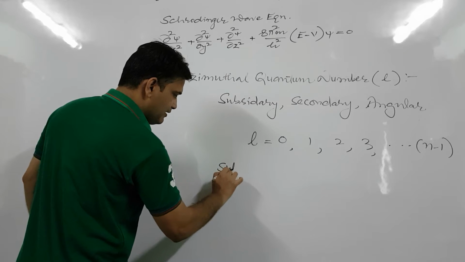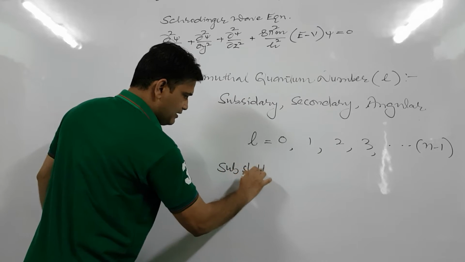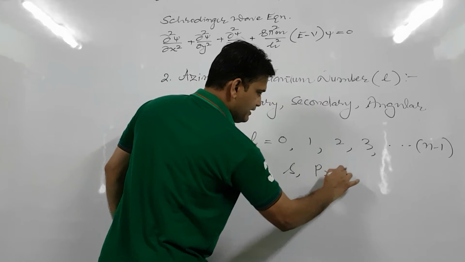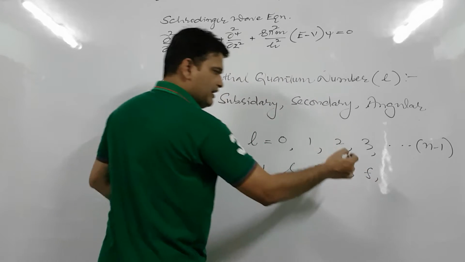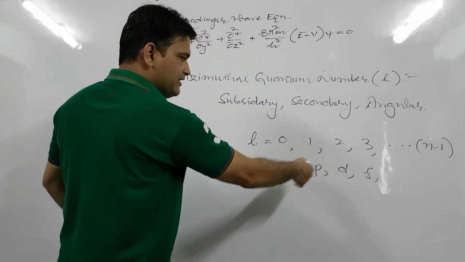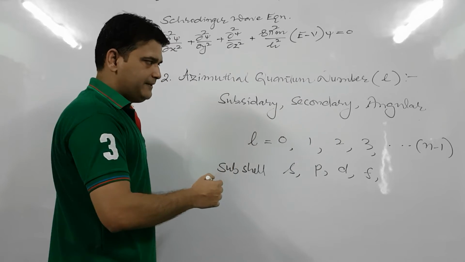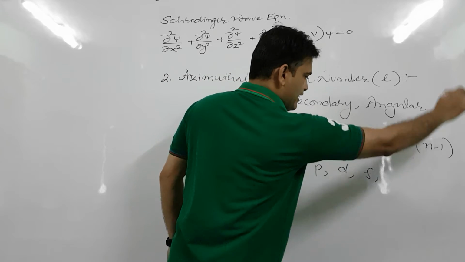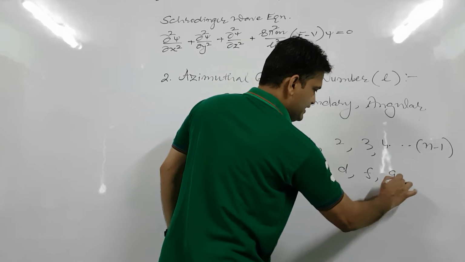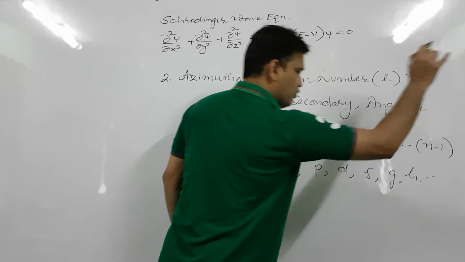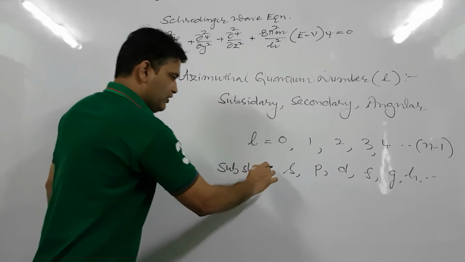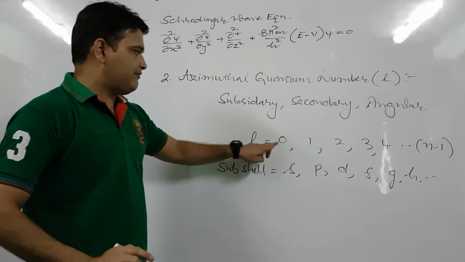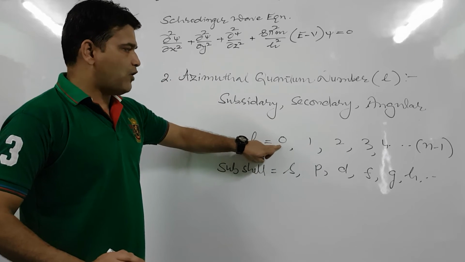Then subshell will be s, p, d, f, and we require only these many subshells. But if it will be 4 and so on, then it will be g, h and so on. So l will tell us about the subshell. Its value starts from 0.